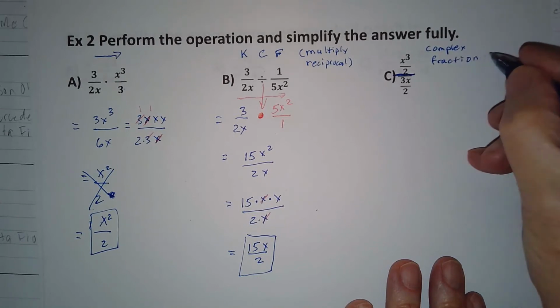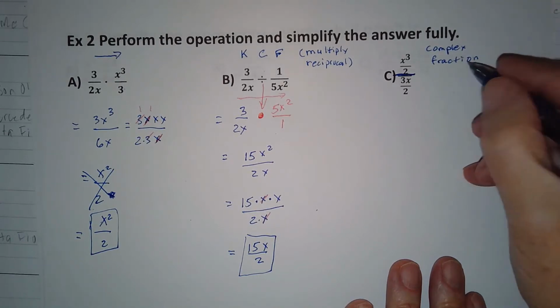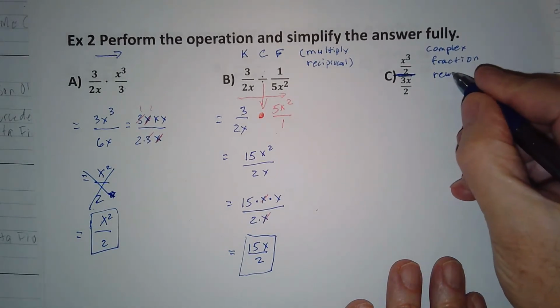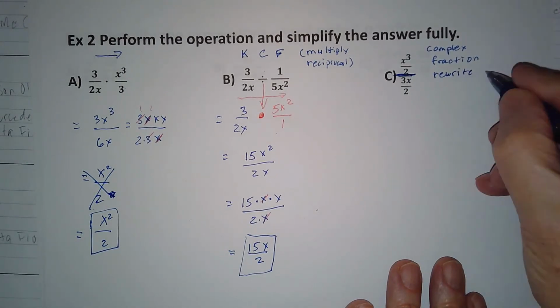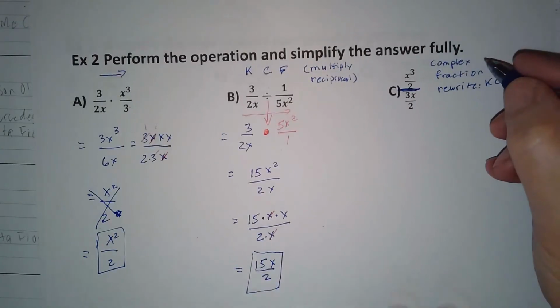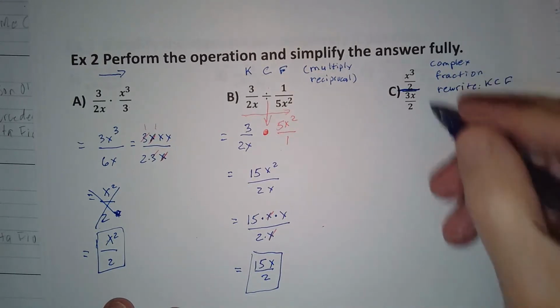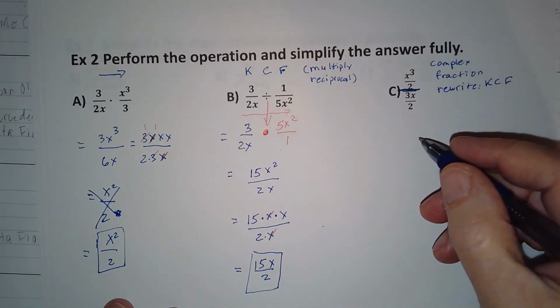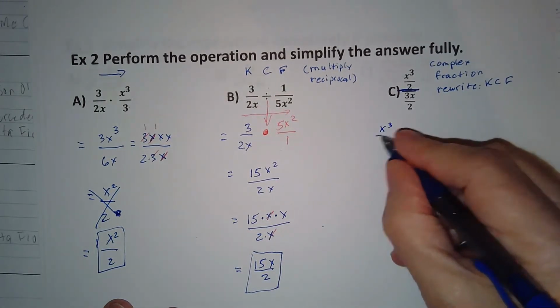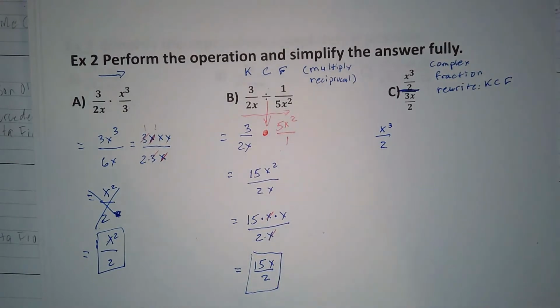That's what that is. And we want to rewrite this into keep, change, flip. Okay. So let's take the first one. So we have x cubed divided by 2. And remember, we want to keep that.